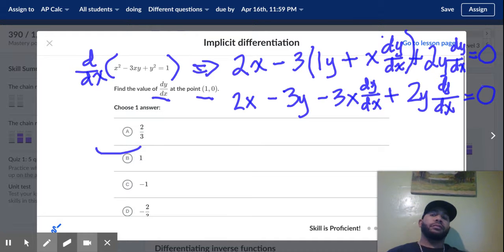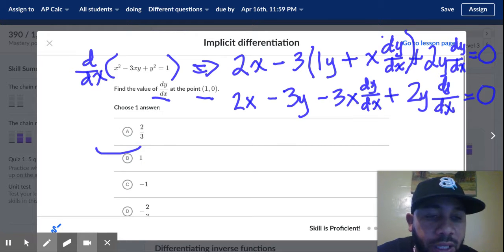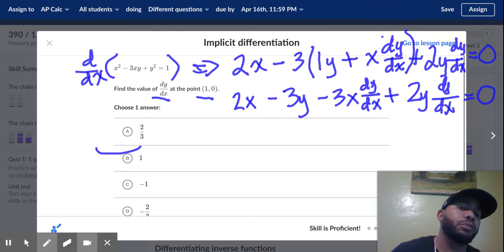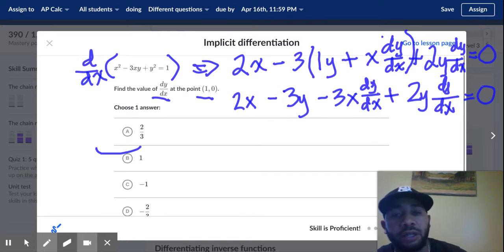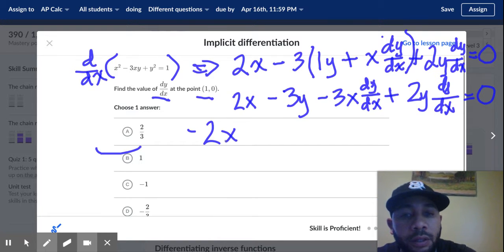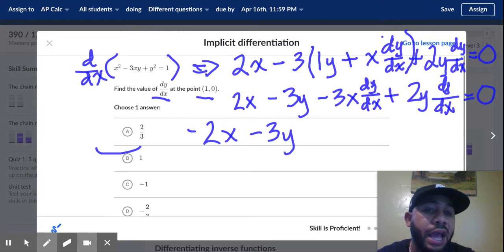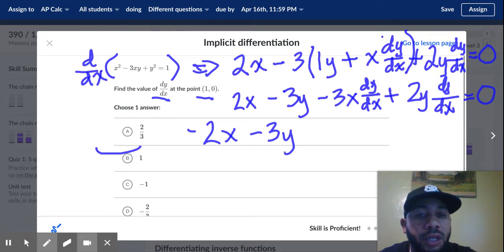Now we're going to do a quick move. This is calculus, so I'm not going to write extra moves. It is an expectation that you know what I did here. So I'm just going to go 2x minus 3y, and this is the move I'm talking about. I'm going to use inverse operations and get them to the other side.